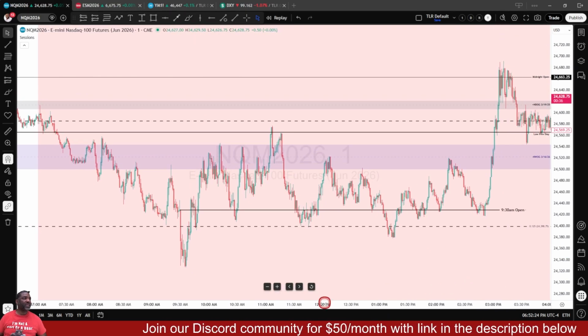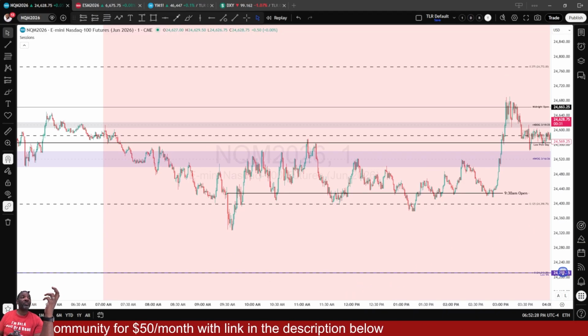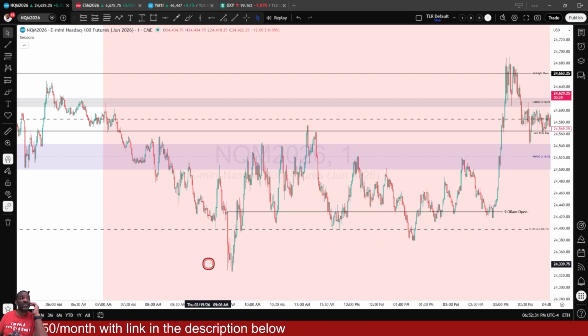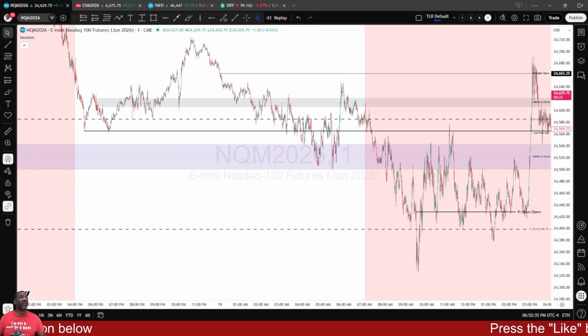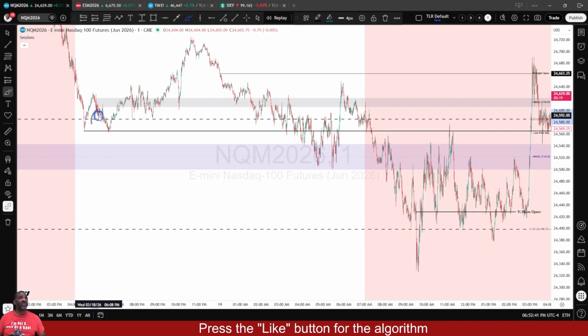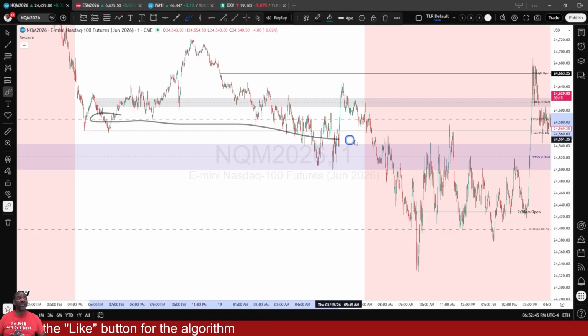All right, and as we can see, for our overall range, at the start of the trading day, we can see that price is here at the lower quadrant. That octant level there, that's the lower quadrant.